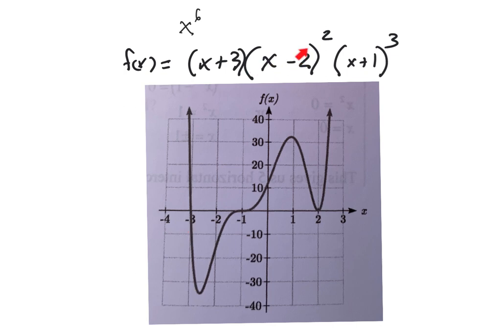Then we have here at 2, and this part here is squared, so that's a quadratic function. Quadratics are like parabolas. So how the graph is looking and functioning at point 2 is kind of parabolic. It's coming down and going up. Again, not an actual parabola, but it is demonstrating some parabolic tendencies.